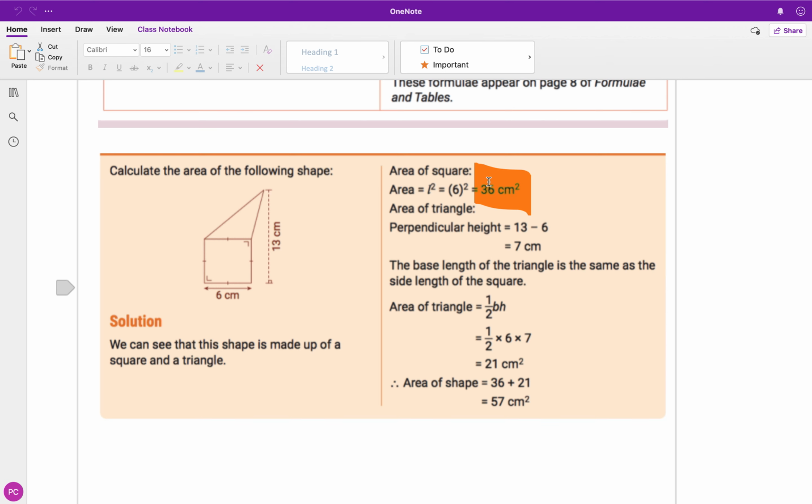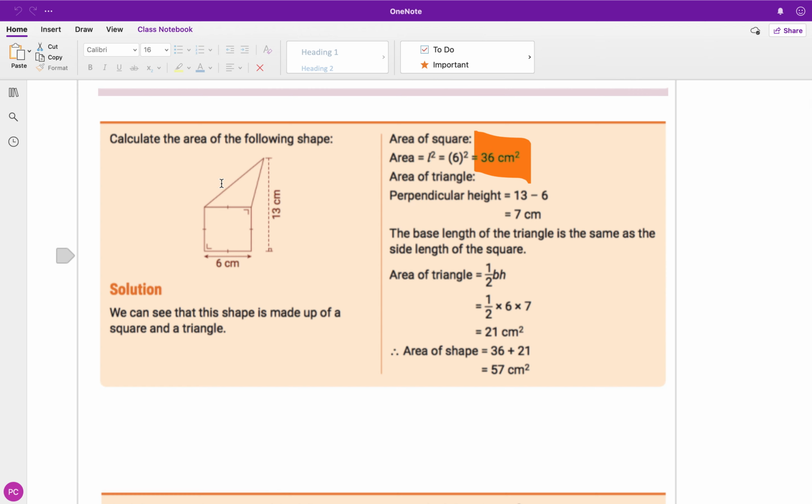Then we need to find the area of the triangle. We know the formula is half the base by the perpendicular height, but they don't give you that. They give you the height of the whole thing. But you know that up as far as there is going to be 6, so the rest is going to be 7.